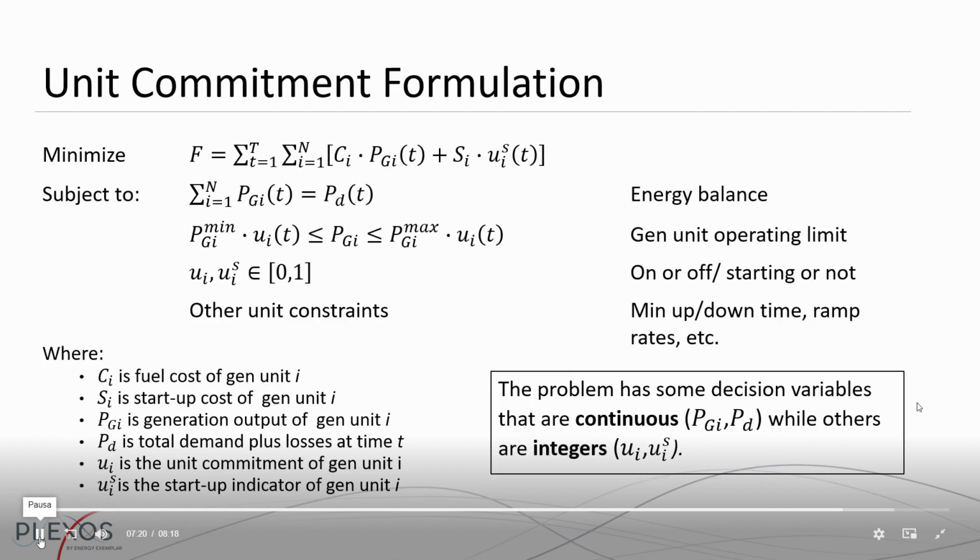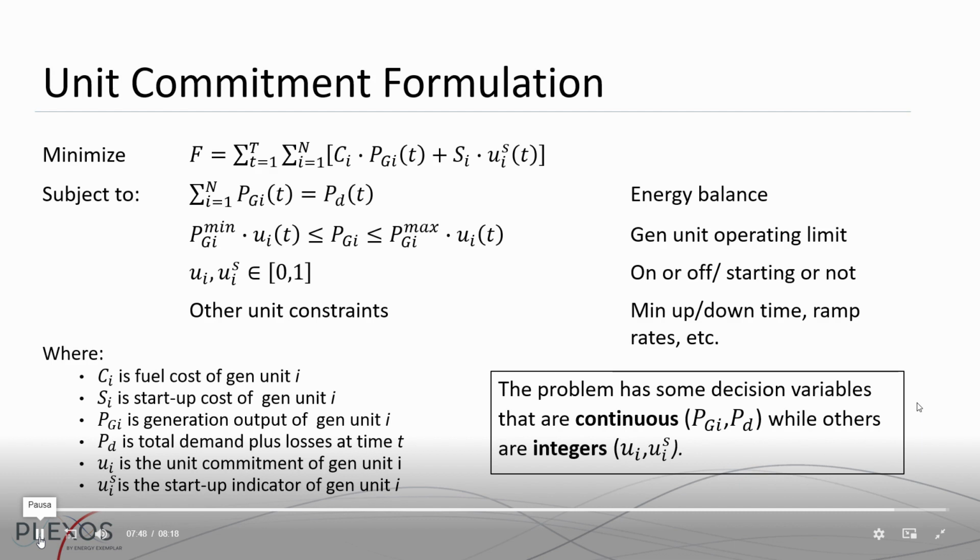Here we reconsider the problem formulation in more depth. For the objective function, we have the minimization of total system costs. These costs include operational costs, which is the fuel cost times generation output, plus the start cost, which is the startup cost times that startup indicator. This is subject to the set of constraints, including the energy balance, generator operating range, and any other unit constraints such as min up and downtime, ramp rates.